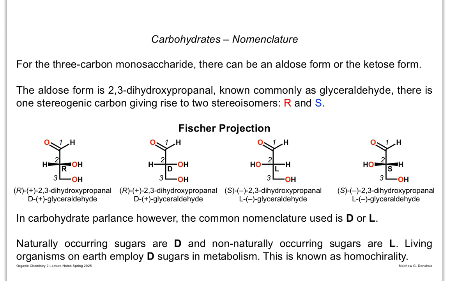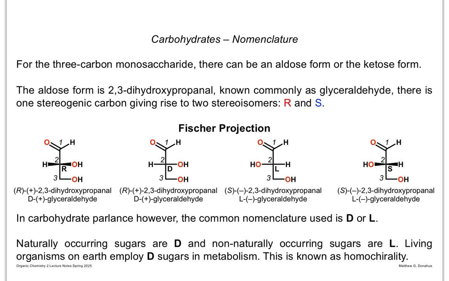So we're going to start from the 3-carbon chain and then review the Fisher projection, because this is the tool that's really going to help us understand the relationships when we start elongating the chain and then looking at the different stereoisomers that can form. So a 3-carbon monosaccharide can be an aldose, that's the aldehyde form, or a ketose, that's the ketone form.